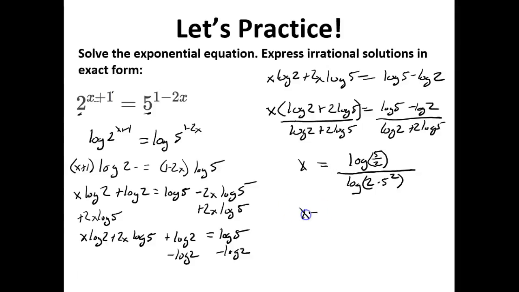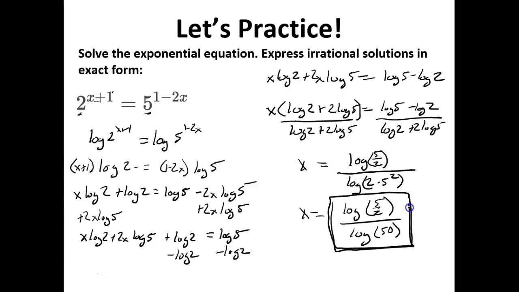Well, this is just x is equal to log of 5 halves over log of 2 times 5 squared, which is going to be 50. Like that. Now it says express irrational solutions in exact form. This right here is exact form. So we simplified it and got it into exact form.